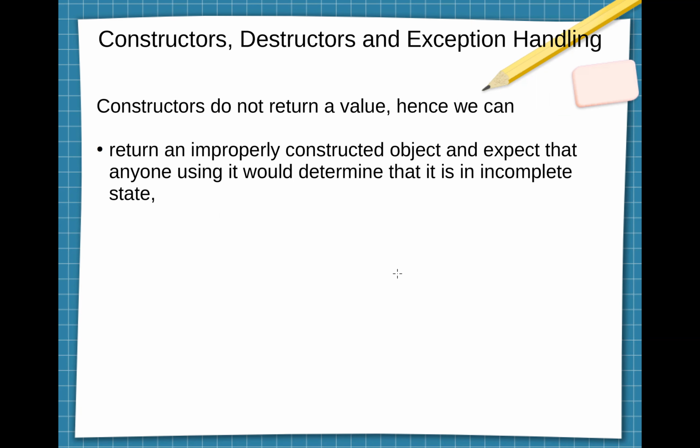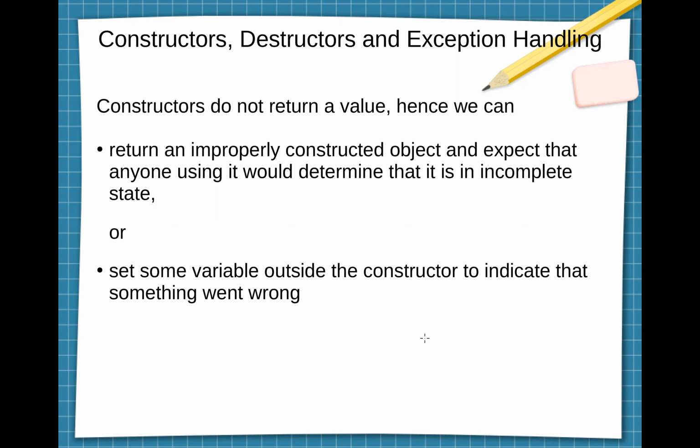So we have three options there. One of them, we can return an improperly constructed object if something goes wrong, and accept that anyone using it would determine that it's incomplete, and take care of it. Another thing, we could set some variable outside the constructor to indicate that something went wrong. Something like a flag, right? Hey, we had an exception there, right?